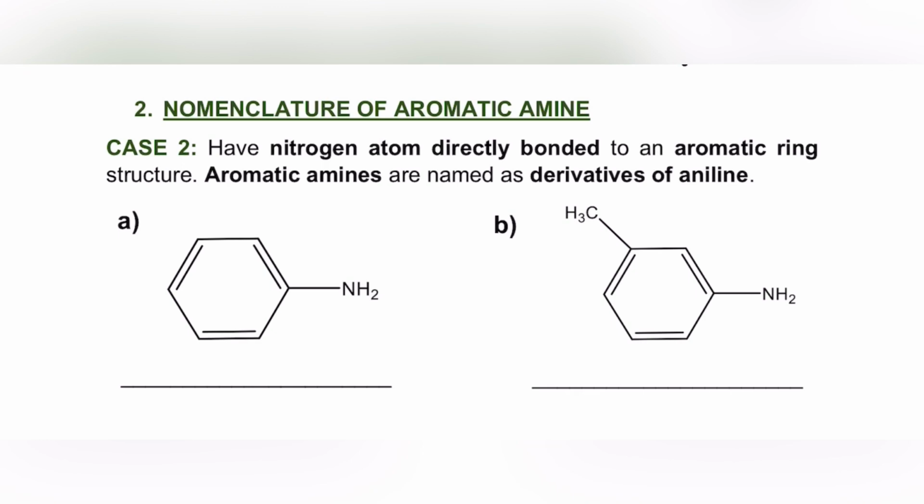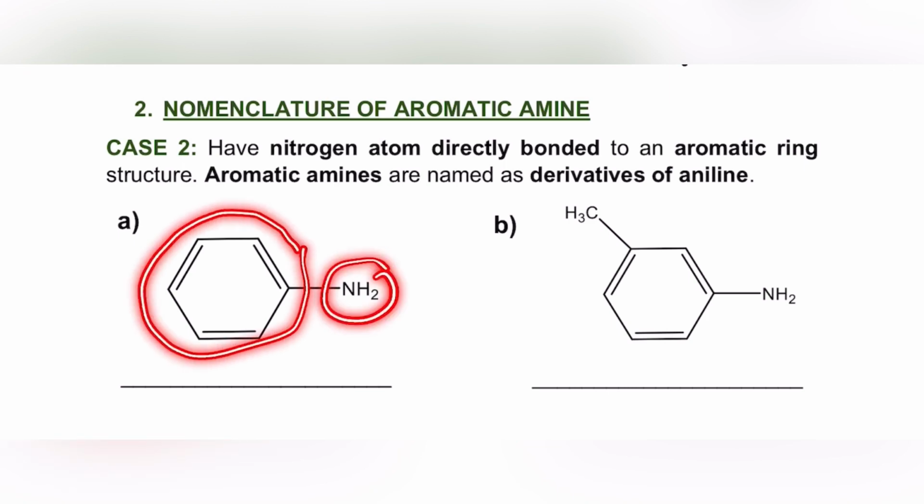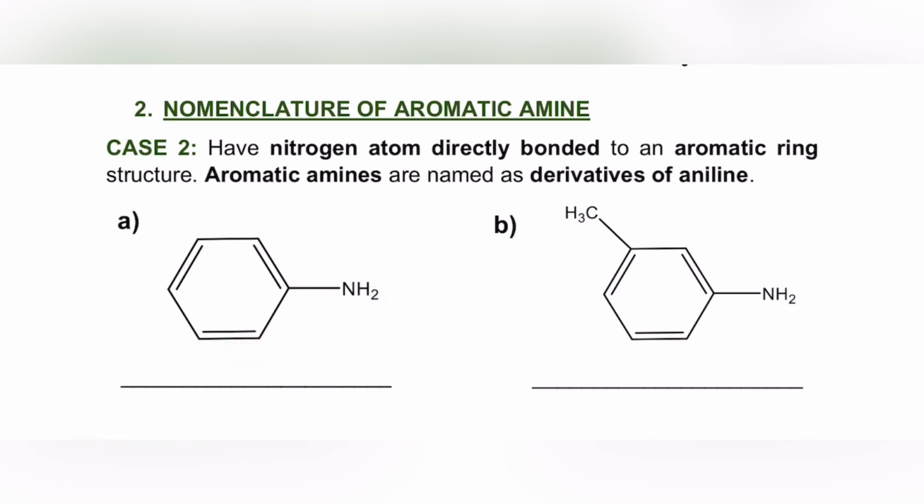Aromatic amine bermaksud awak ada NH2 ataupun N attached directly to the benzene ring. Contoh structure this one, kalau awak nampak NH2 attached directly to the benzene ring, this one will be aniline. Ini adalah common name yang awak belajar dalam chapter benzene. So ini adalah aniline.